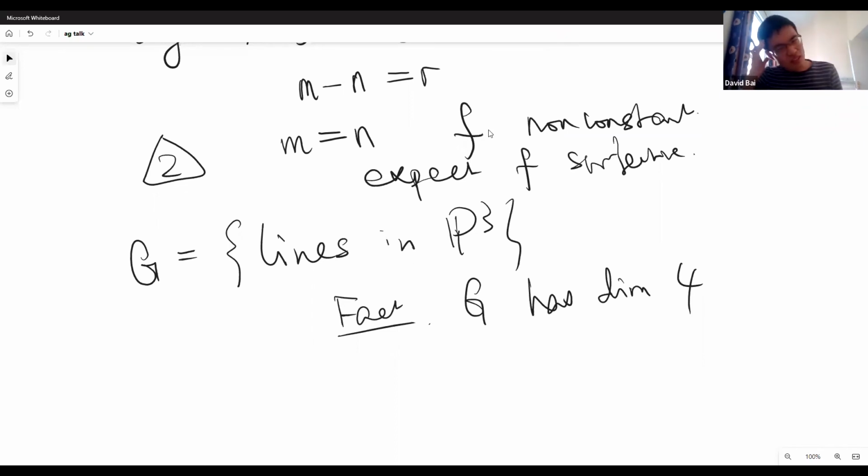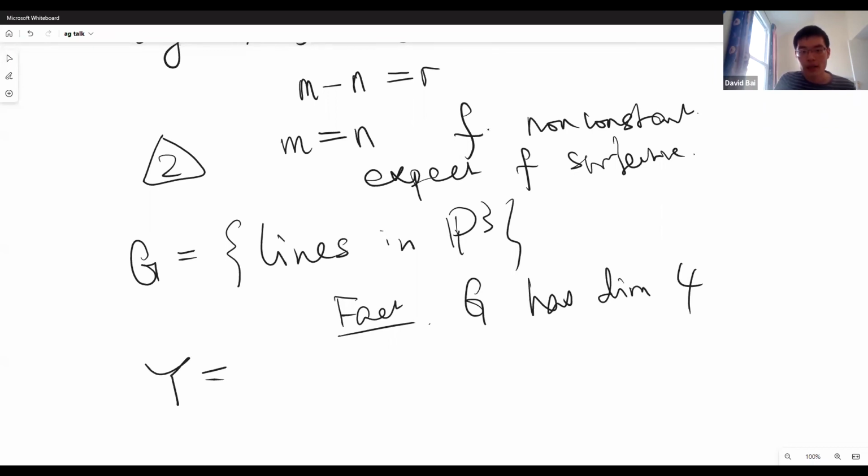I hope this is not counterintuitive because a line is the intersection of two planes. A plane has 4 coefficients. Well, it actually has 3 degrees of freedom because you can multiply everything by a non-zero scalar. So choosing a plane gives you 3 degrees of freedom. Choosing 2 planes gives me 6 degrees of freedom, but I can always rotate those planes around my line, and it's not going to change my line. So I deduct 2 degrees of freedom, and I end up with 4.